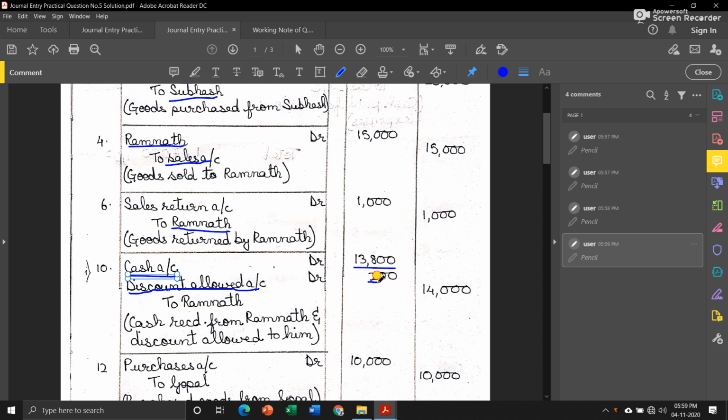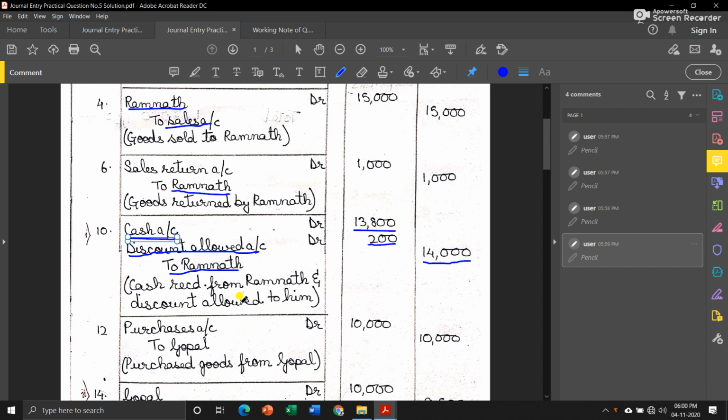So we allowed him 200 of discount. After passing these two amounts in the debit column, we add them and write 14,000 on the credit side, and Ramnath's account will be credited because he is the one giving us cash.